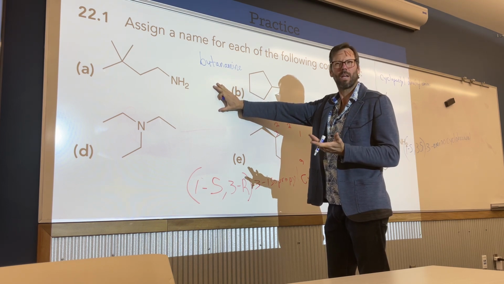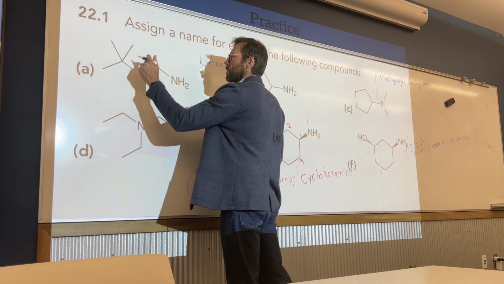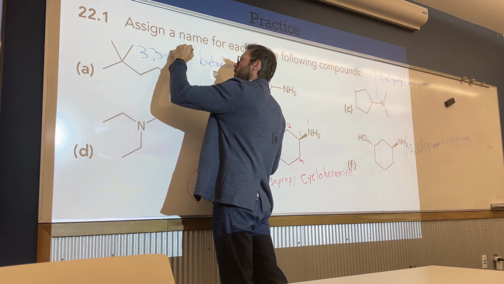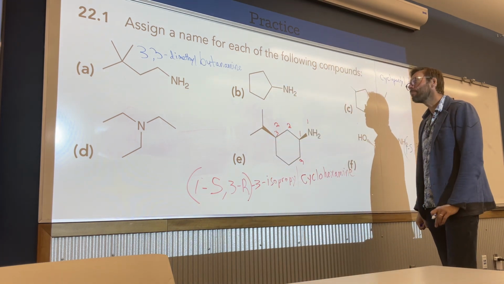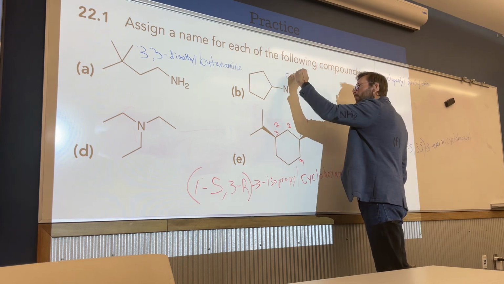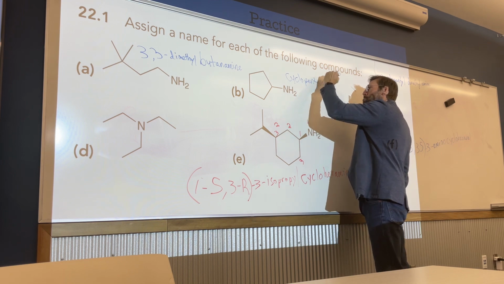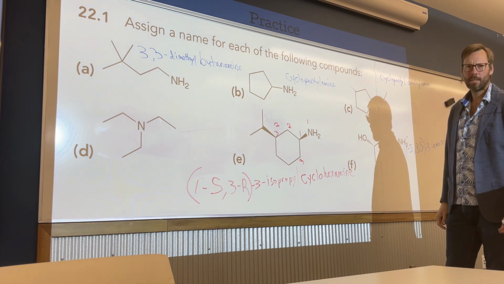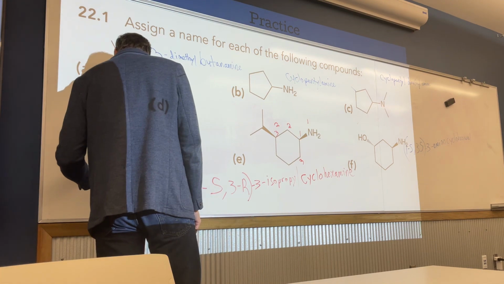I think you guys have stereochemistry pretty down. And then what? 1, 2, 3. So 3,3-dimethylbutanamine. You get that? Yep. Okay. Cyclopentylamine. That was pretty straightforward. And what did you get for that one? Triethylamine. Yes. Triethylamine.